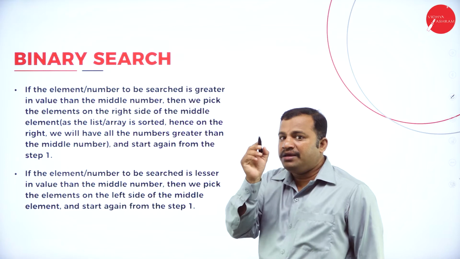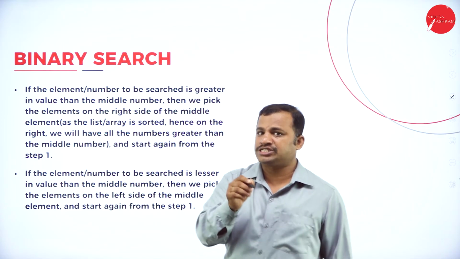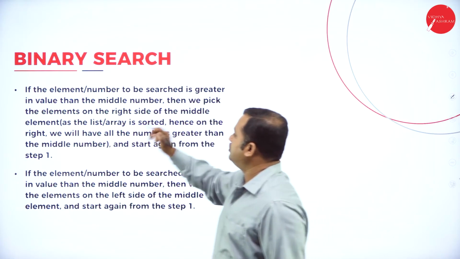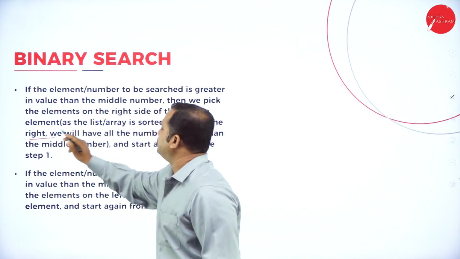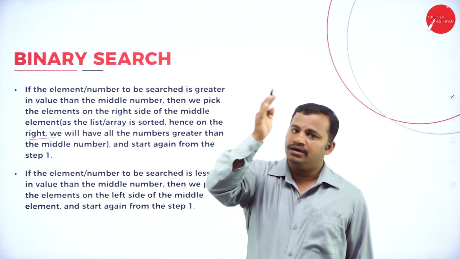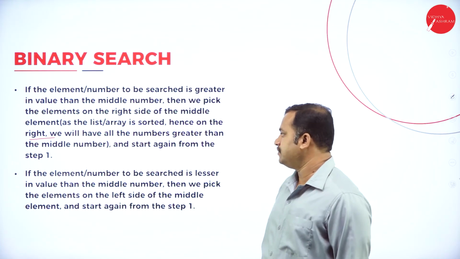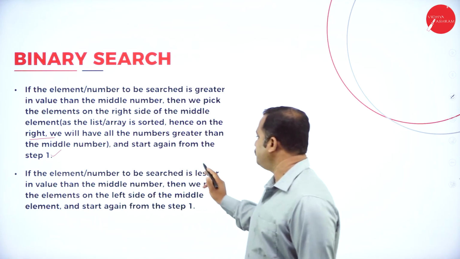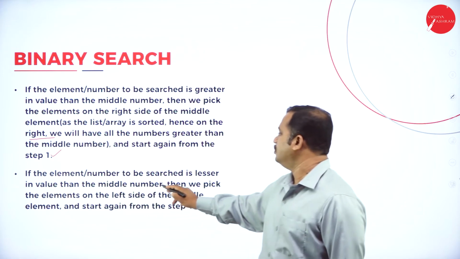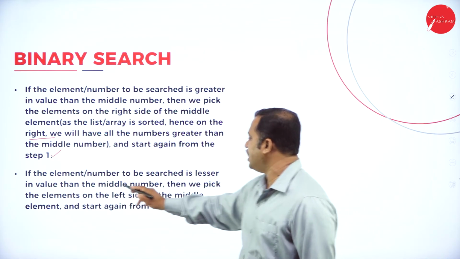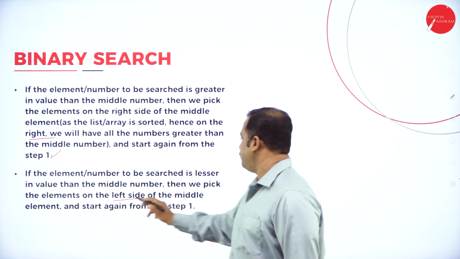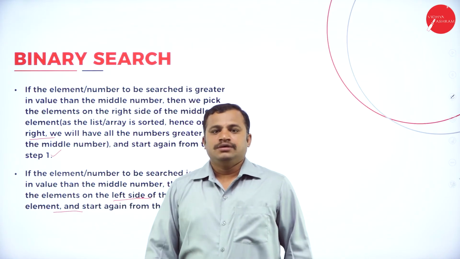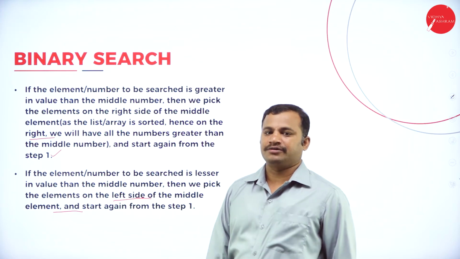Then, if the element to be searched is less than the middle element, then we shift the rightmost bit parameter from the rightmost bit position to the mid minus 1 position. So then we move to step 1. If the element or number to be searched is lesser in value than the middle element, then we pick the elements from the left side to the mid plus 1 position and start from step 1. So this process is repeated here.